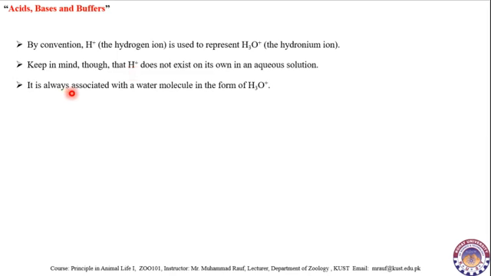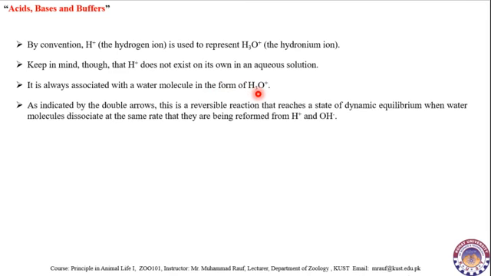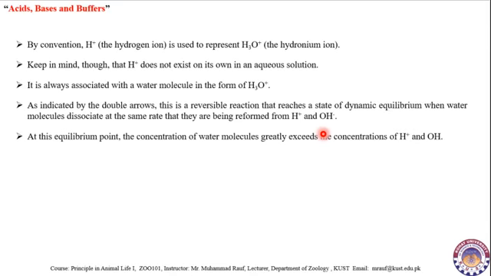It is always associated with a water molecule in the form of a hydronium ion. As indicated by the double arrows, what we saw in the previous slide is a reversible reaction that reaches a state of dynamic equilibrium. When the rate of the forward reaction and the backward reaction is the same, we say that a dynamic equilibrium has been established.